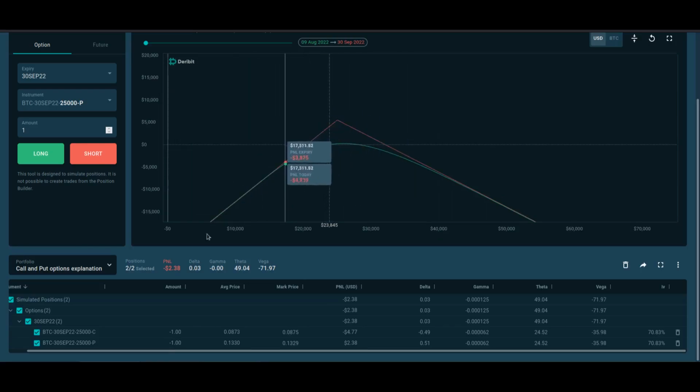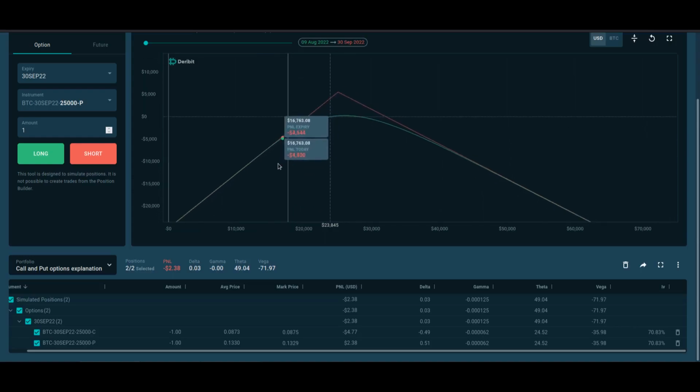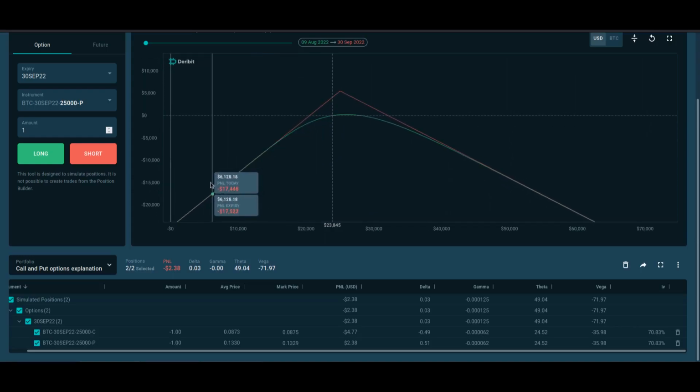If we have a butterfly construction, it just means the same strangle construction, bought or sold, but with covered edges, which are the butterfly wings. Let me explain how it looks.